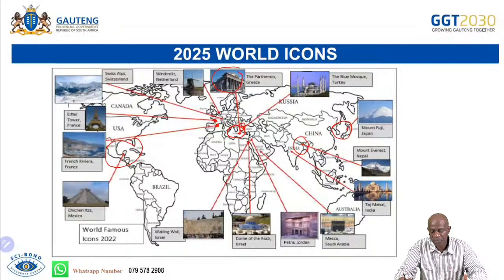continent Asia, right? You also have the Mecca, which is found in Saudi Arabia, and Saudi Arabia is in the Middle East, just above Africa. So you also have the Petra, which is found in Jordan.